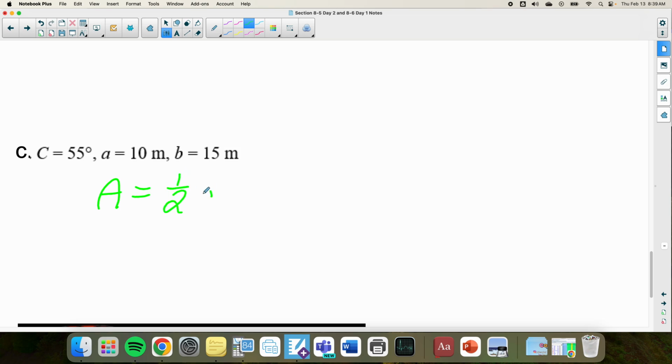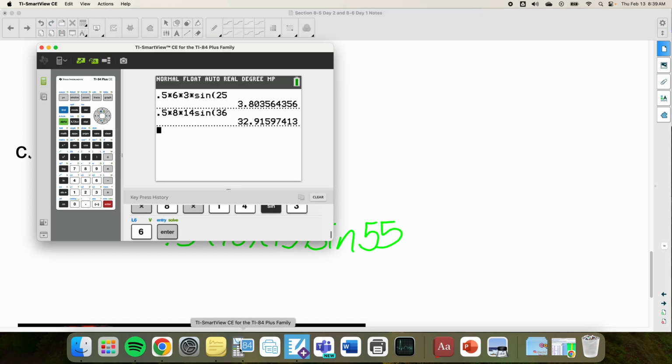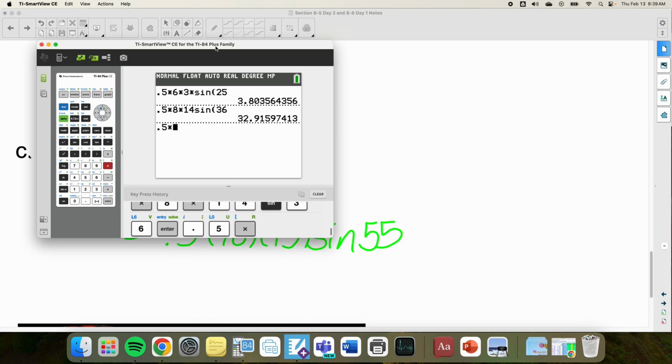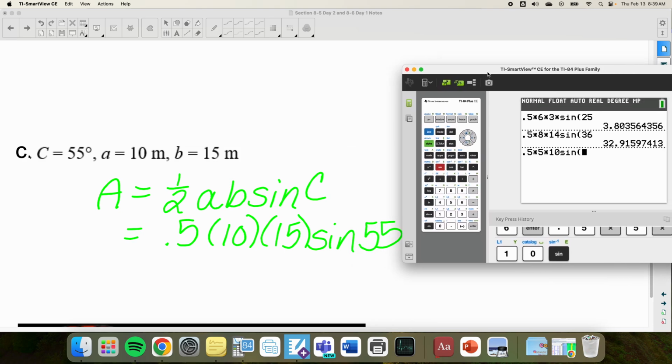It's really 1/2 AB sine of C. Not that you really have to write that out, but you would just go 0.5 times 10 times 15 sine of 55. Did you guys get 20.48?